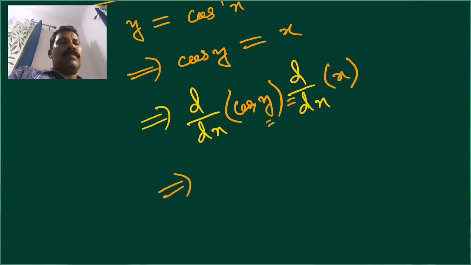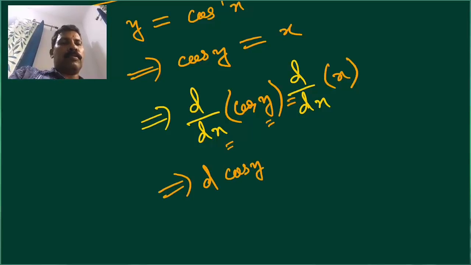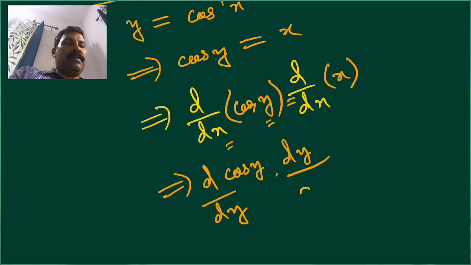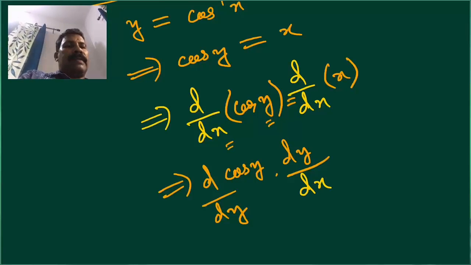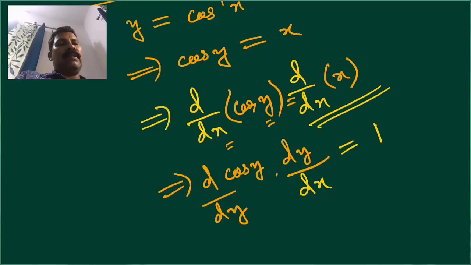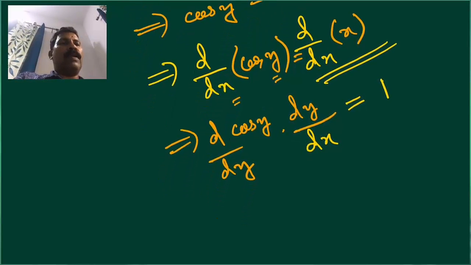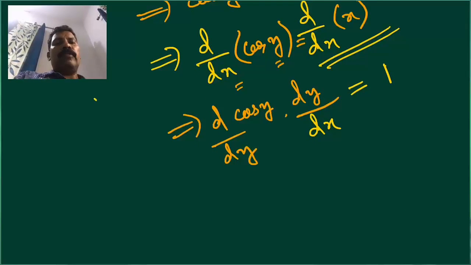Then what happened? Here is the variable mismatching problem that we have to address, that is the derivative of cos y with respect to y, then dy, then we have to write the required variable dx. Then on the right side, that is 1 only, you know, the derivative of x with respect to x is 1 only.